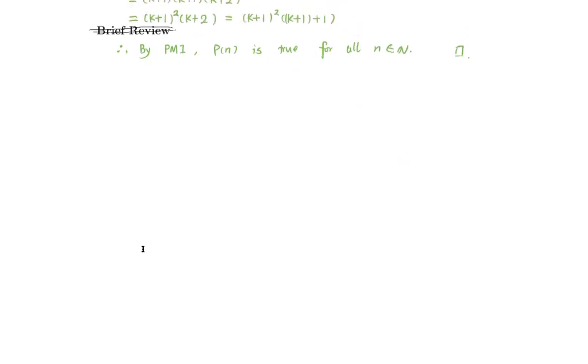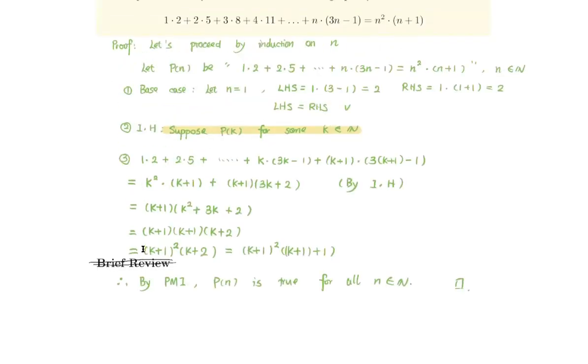We can do that. For step 3, how did you get from line 1 to line 2? This to this, we used IH. Let me write down the IH: 1 times 2 plus 2 times 5 up to k times 3k minus 1 equals k squared times k plus 1.